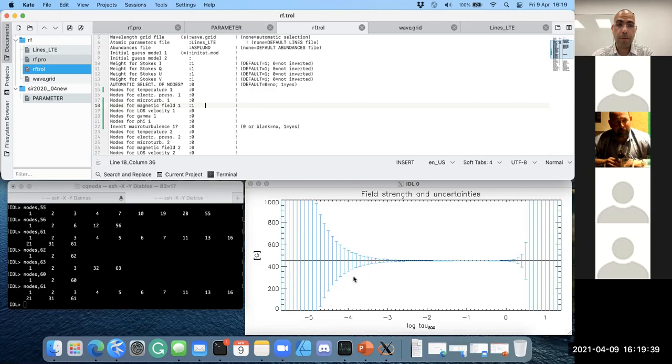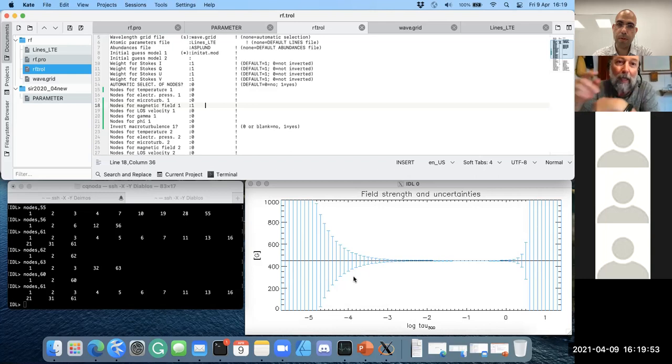But basically, I don't see a problem with the steep rise. Why do you think it could be a problem for the code? I think you will need to have lines that are sensitive to this zone.